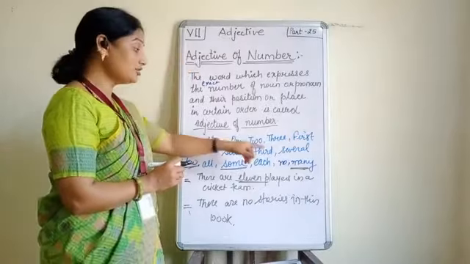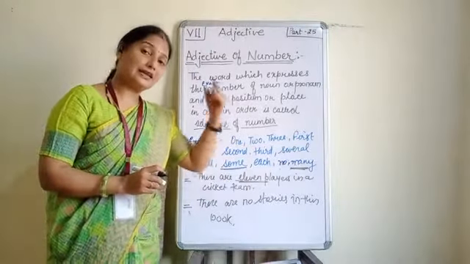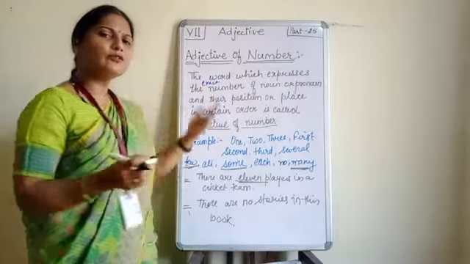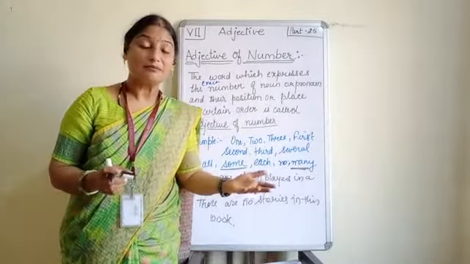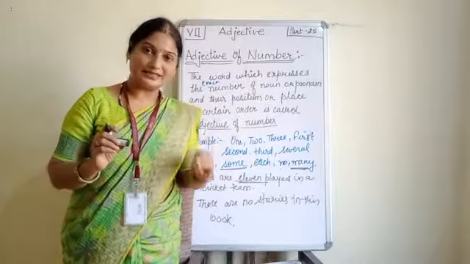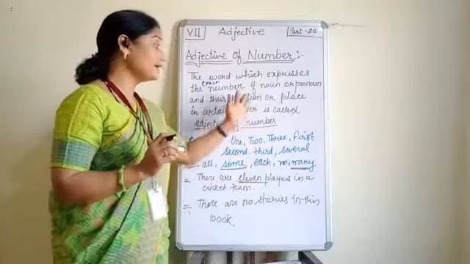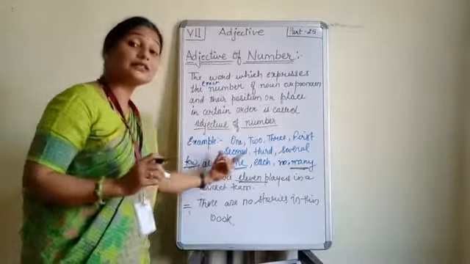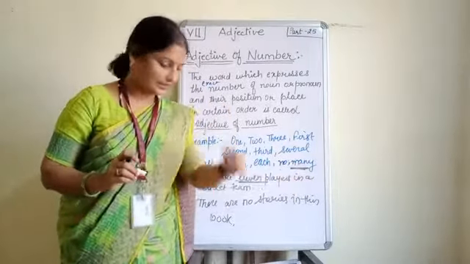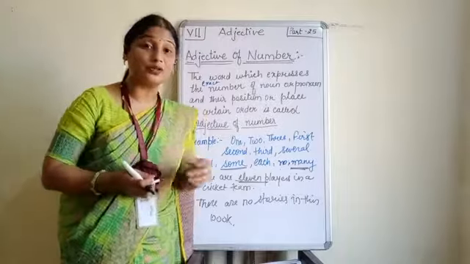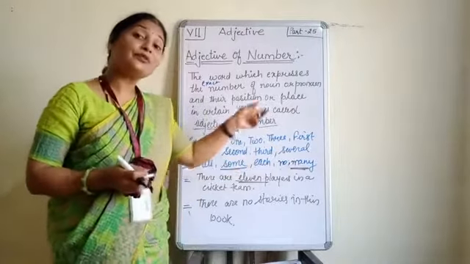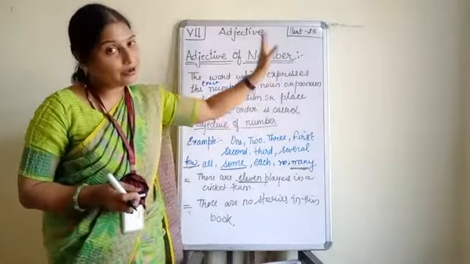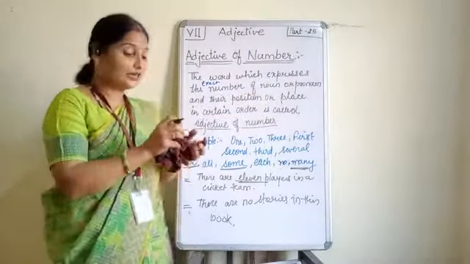Okay, we have used these three words in both. Now what is the difference then? Because in quantity, estimation is there and here exact number is there. So how we can use these three words in both? Now see, what is the difference between these three words when they are used in adjective of quantity and when they are used in adjective of number?